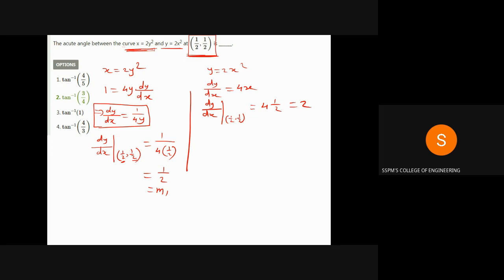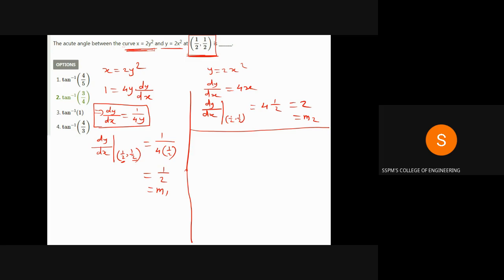It is simply 2, which we call m2. Therefore, m1 is equal to half and m2 is equal to 2. Now we have to find the angle between them. These are the slopes of the tangents.